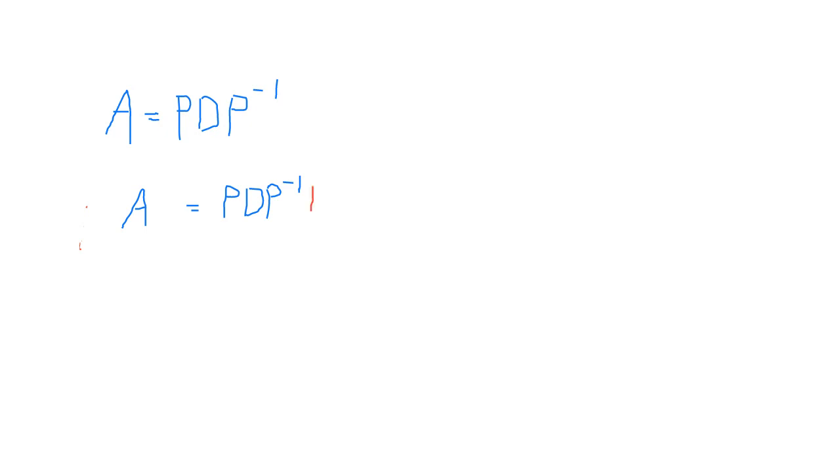I'm going to multiply on the right side by P on both sides. And indeed, Biniam, P inverse times P is the identity. So you get that A times P would equal P times D.